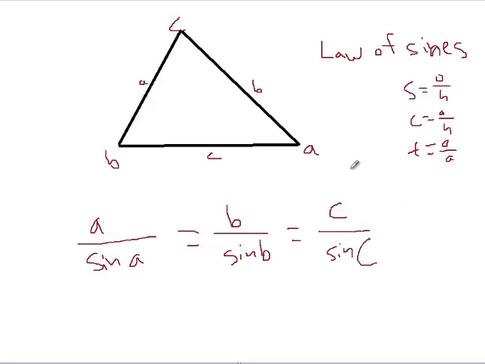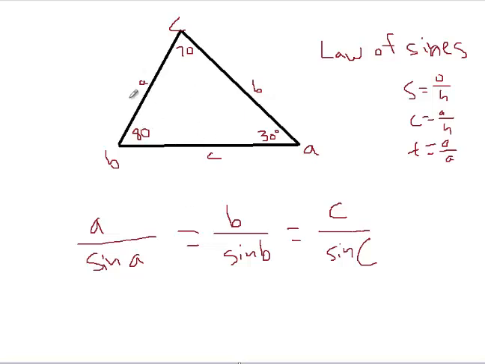So for example, let's say angle A is 30 degrees, and let's say angle C is 70 degrees, and so angle B is 80 degrees. That is what it would have to be to add up to 180.